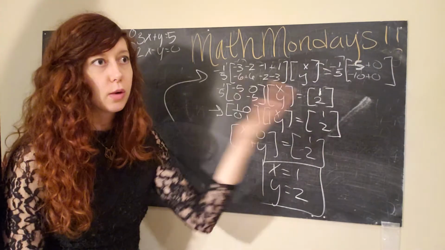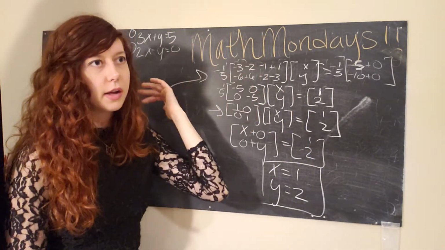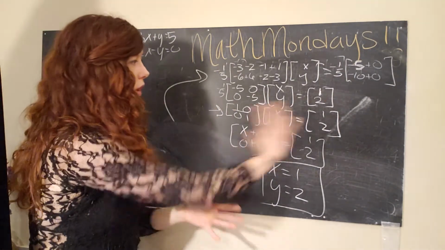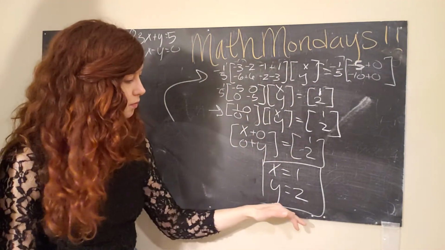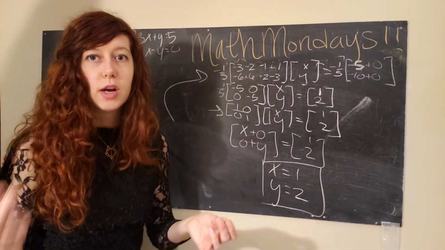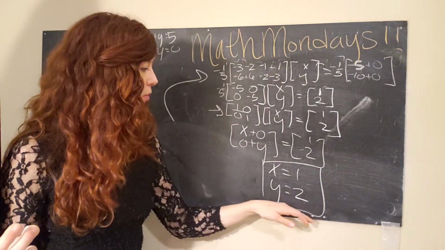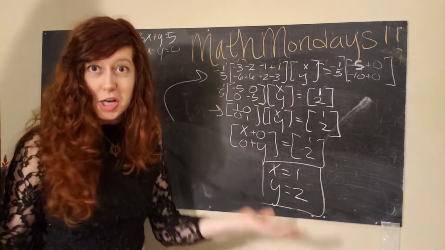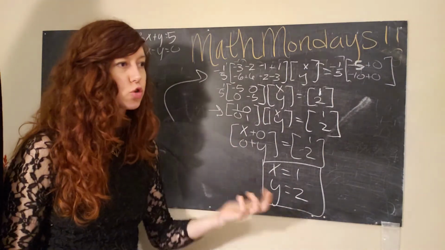Because you only have to code it once. And then the computer will calculate the determinant, it'll calculate the inverse, and it'll run through the simplification, and it will give you those 100 variables, the answer, all at once, which is awesome.